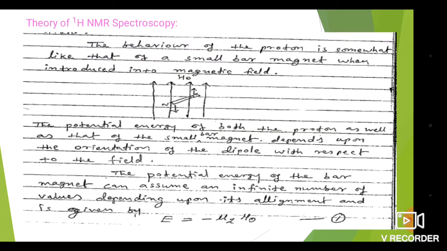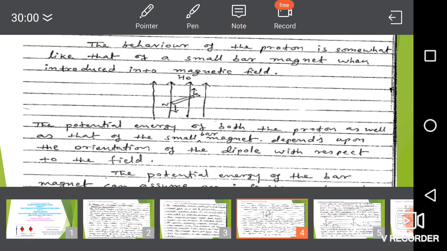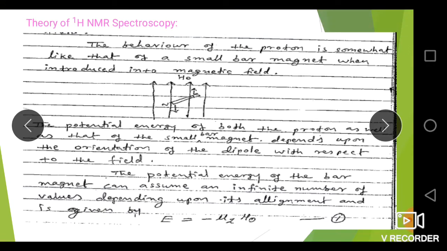This is a tiny bar magnet, and H0 is the external magnetic field. Then it aligns parallel to the external magnetic field. So this proton also aligns parallel to the external magnetic field.